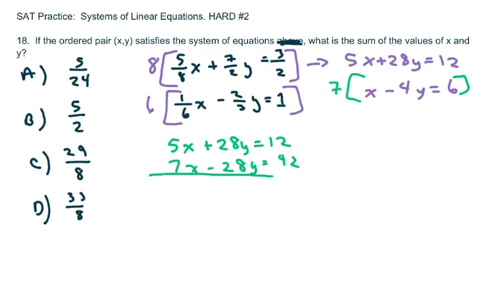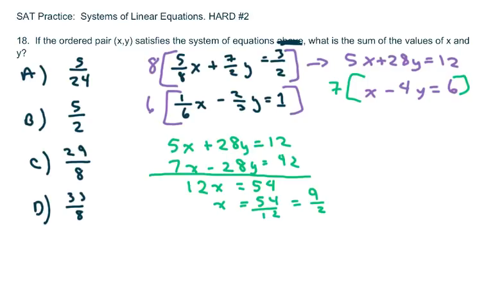Now we're going to eliminate our y, and we get 12x equals 54. So x equals 54 over 12, which is 9 over 2.